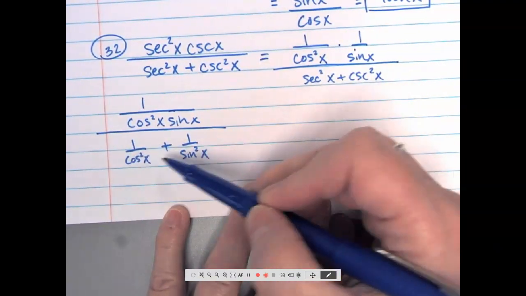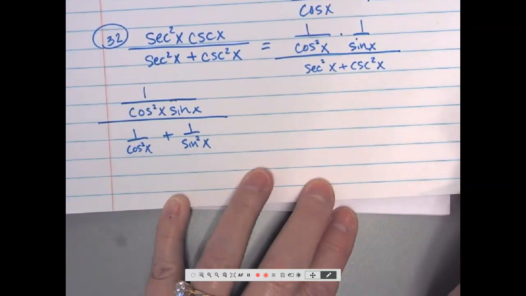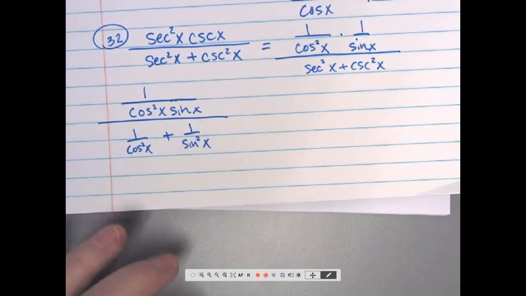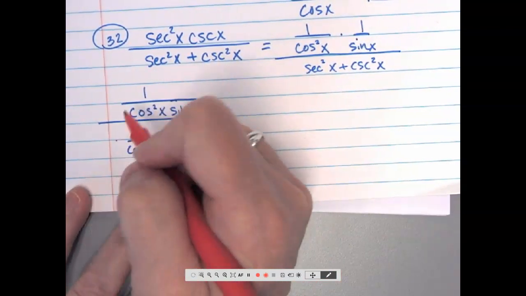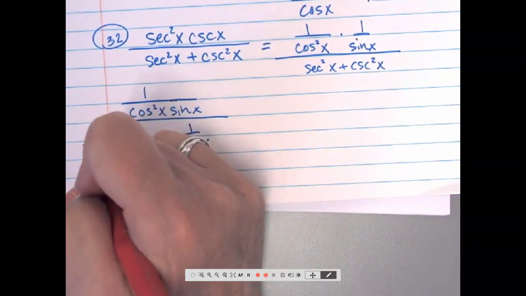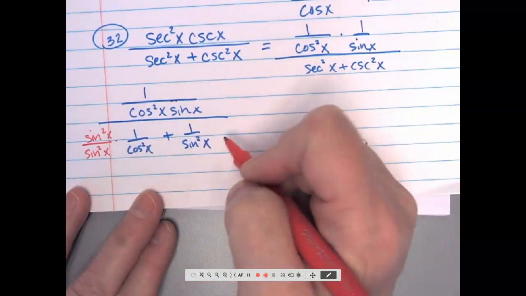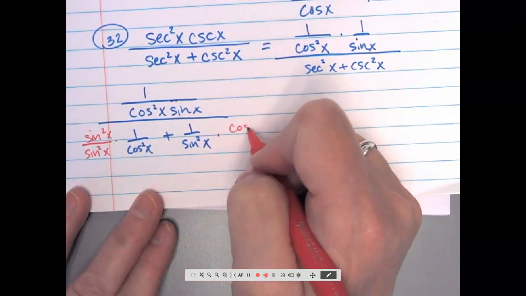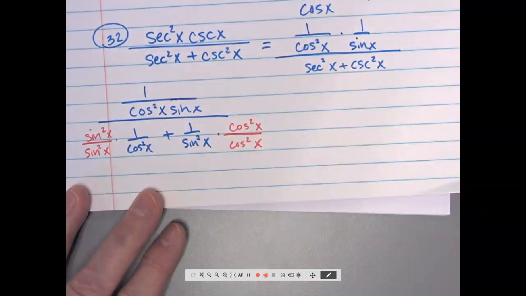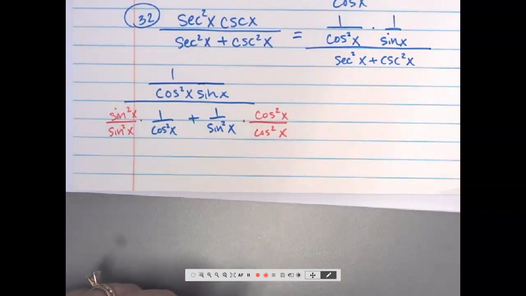Okay, we're going to have to get common denominators down here. So just hold tight on the numerator there. My common denominator, you'll tell me if you found a quicker way to do this one, will have to have sine squared and cosine squared in it.